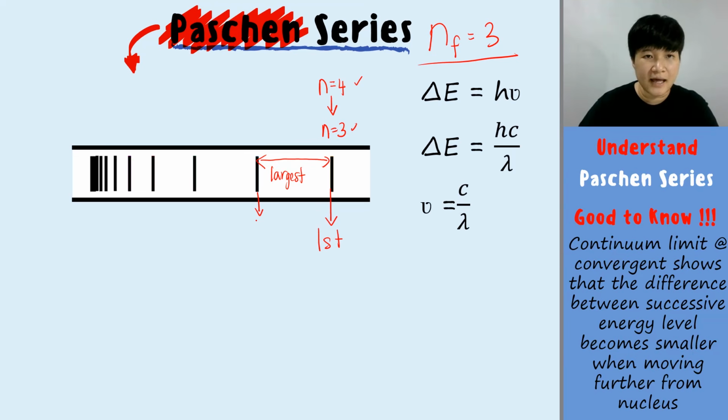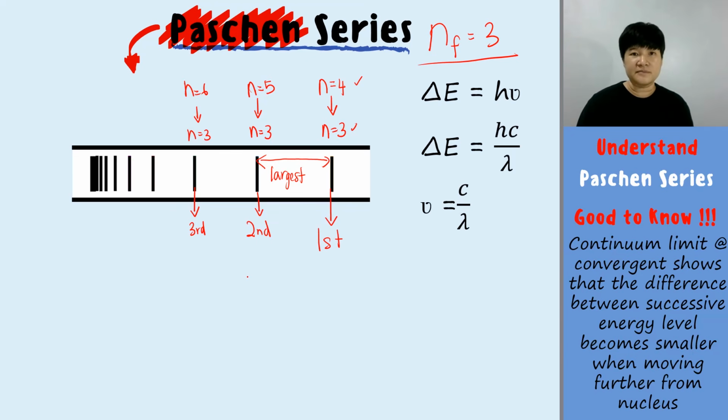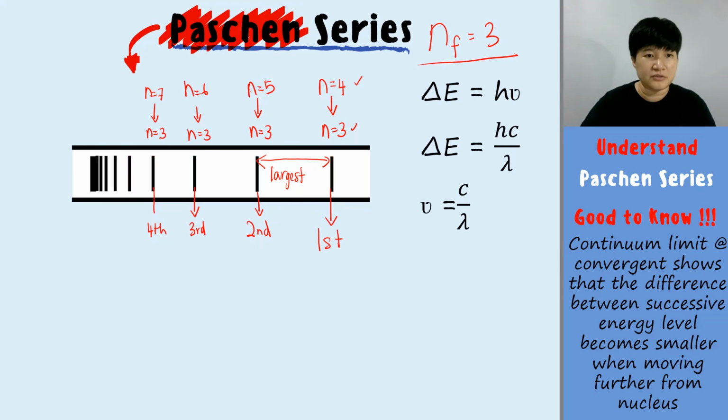The second line will be from n equals 5 dropping to n equals 3. The third line will then be n equals 6 dropping to n equals 3. Make sense? Simple. The fourth line will then be from n equals 7 dropping all the way to n equals 3.